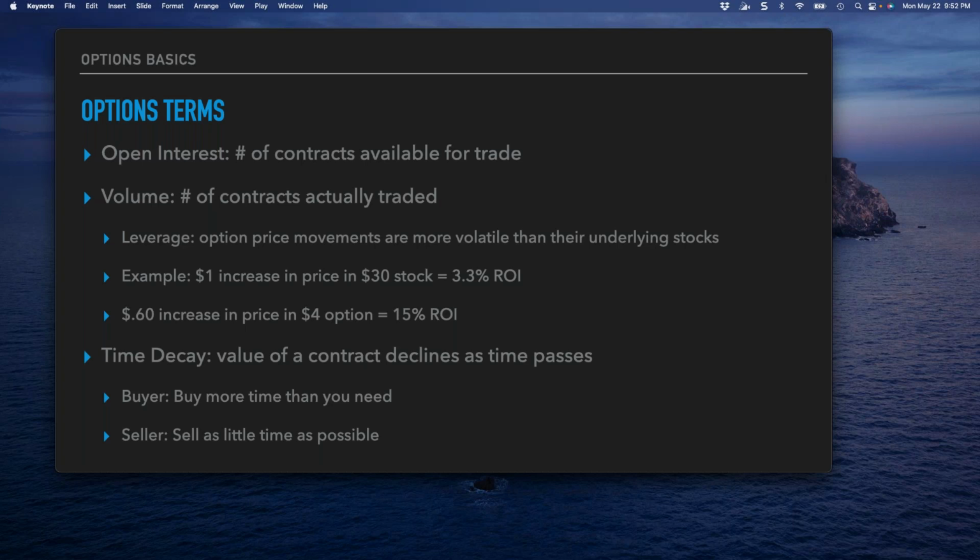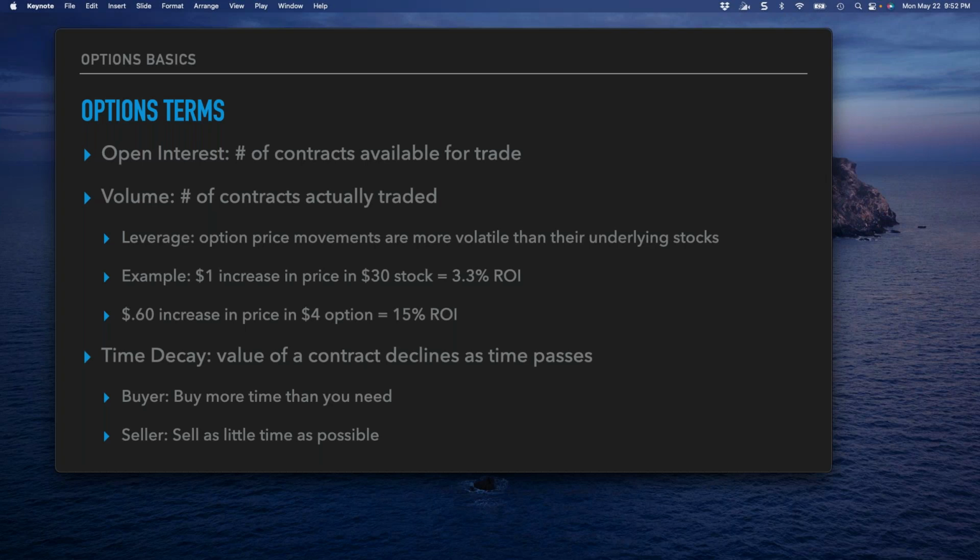That option might move 60 cents for every $1 the stock moves. The same move in the stock from $30 to $31 per share might mean that you could make a 15% return on your option investment, which is easily superior to the 3% the stock gave.